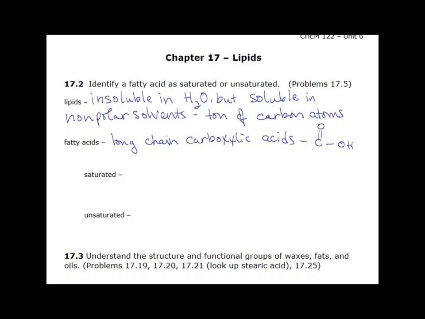Now, fatty acids can be saturated or they can be unsaturated. So saturated only contain single bonds. We talked about that in Unit 3. Unsaturated fatty acids contain what type of bonds? They contain double bonds.